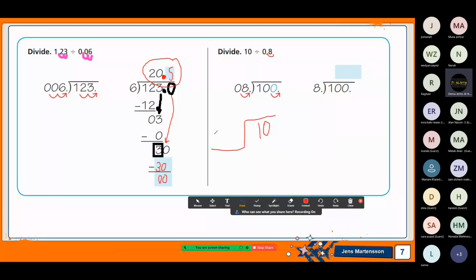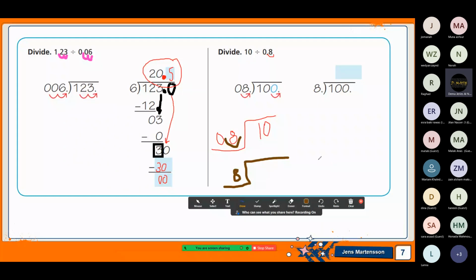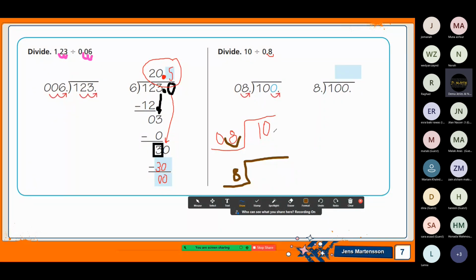Here we have 10 divided by 0.8. Now I will move the decimal point 1 digit to the right. So it comes as 8. Then, since I move it in the divisor, I have to move it in the dividend. But here there is no decimal point.